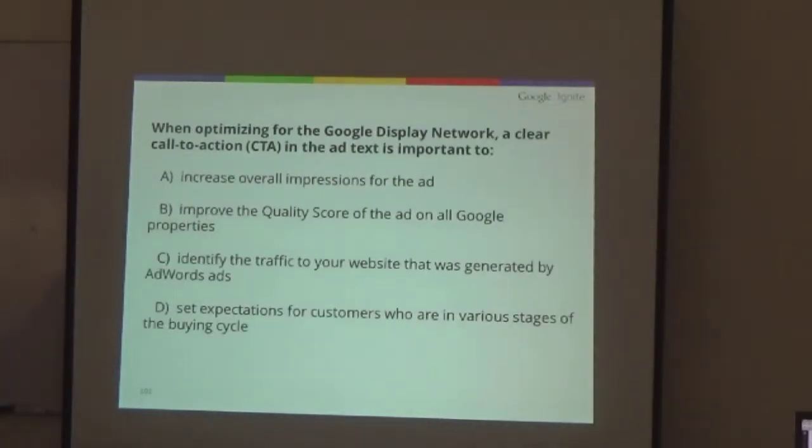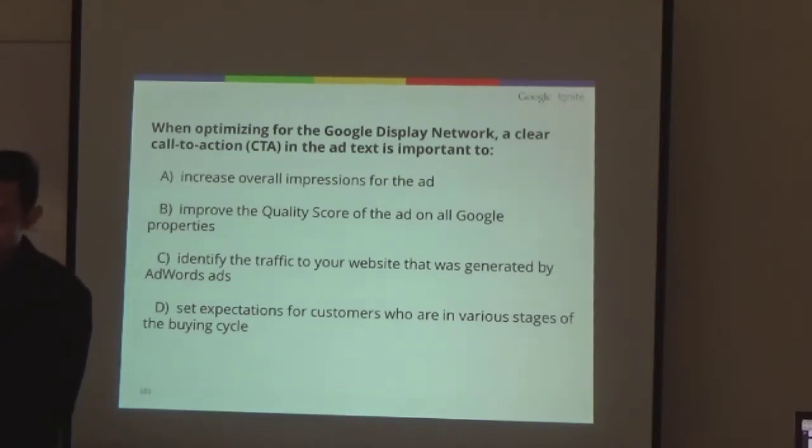Next question. Optimizing for GDN, a clear CTA or call to action in the text ad is important to what? Increase impressions, improve quality score, identify the traffic, or D, set expectations for customers who are in various stages of the buying cycle. Now, you need a little bit of understanding of a typical customer journey or consumer behavior here.